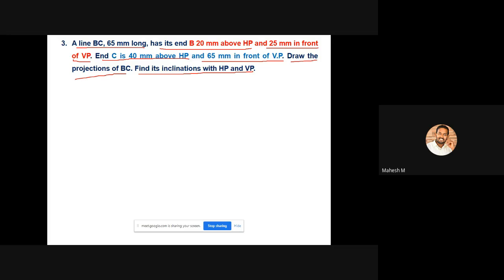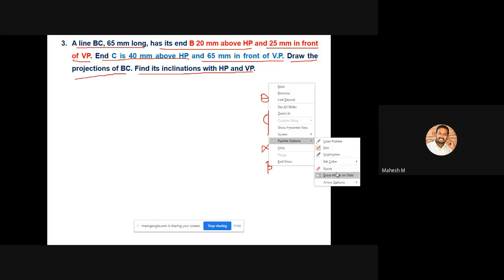In this problem there is no angle, so you have to draw this problem without an angle. That means you have to find theta, phi, and also alpha and beta. So that is our problem.